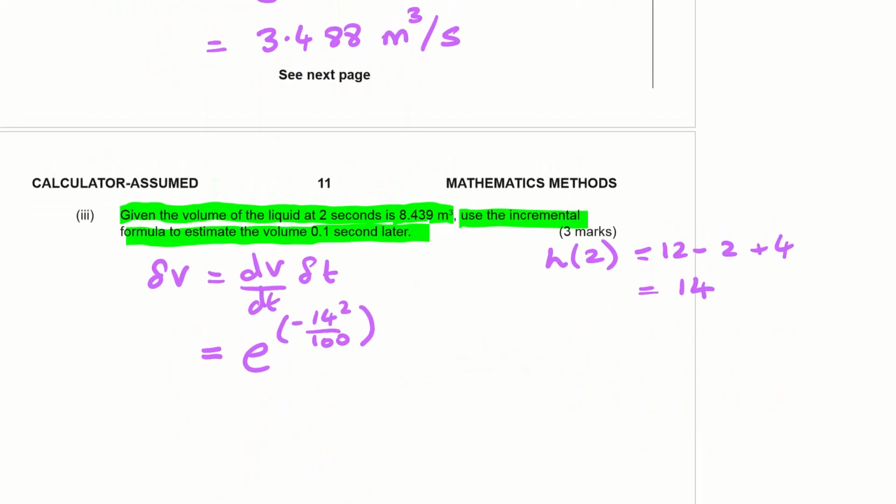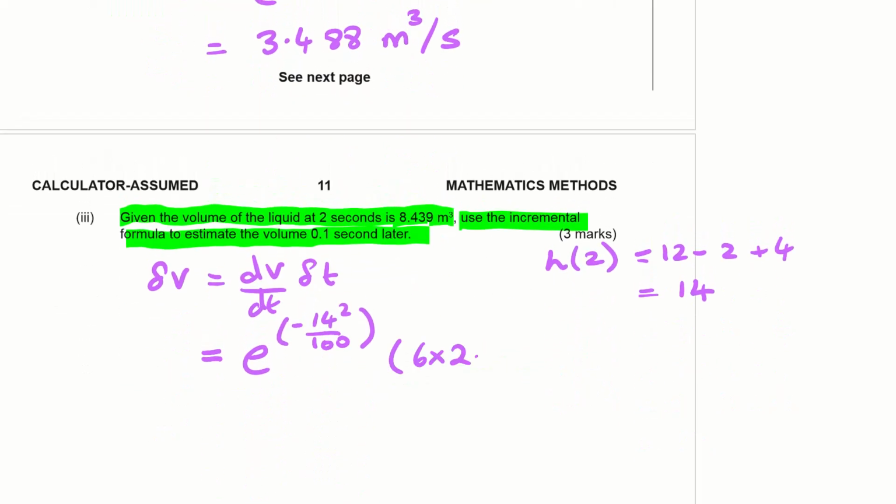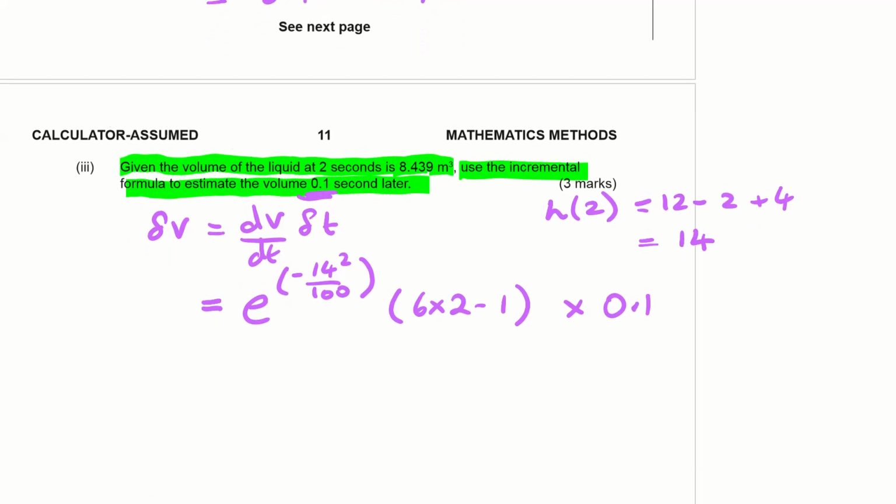So it's 6 times 2, take away 1, and then multiply by the 0.1. That's our delta t. So that is approximately 0.155.